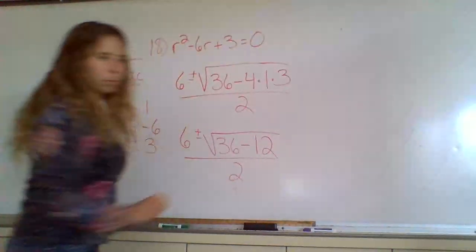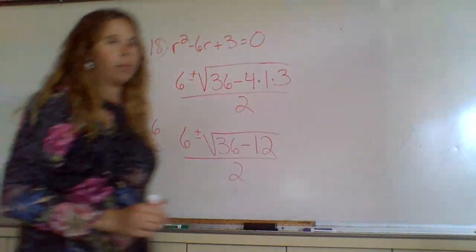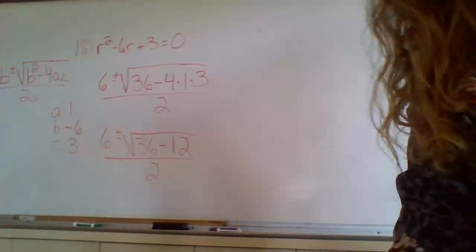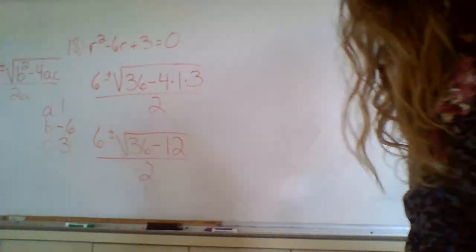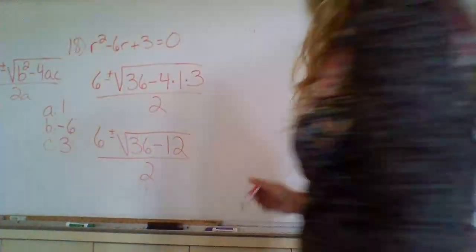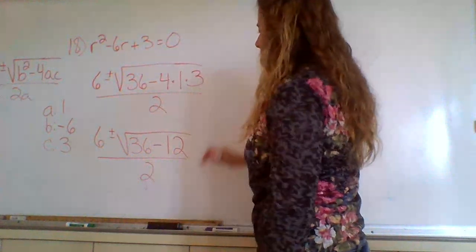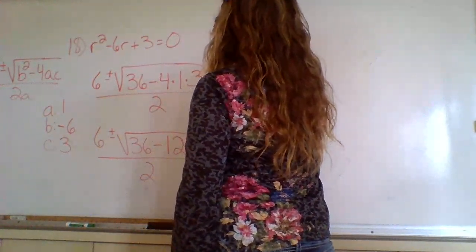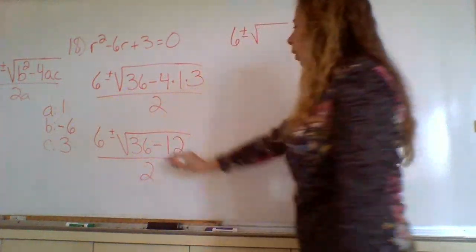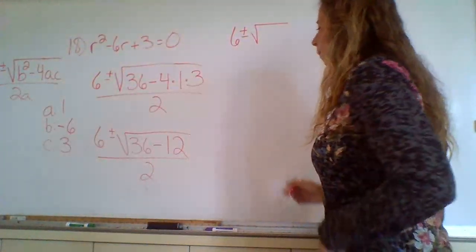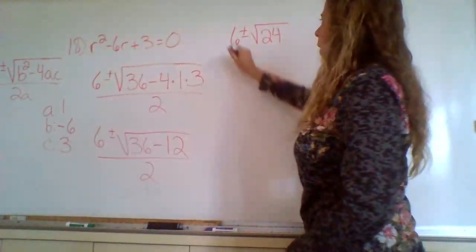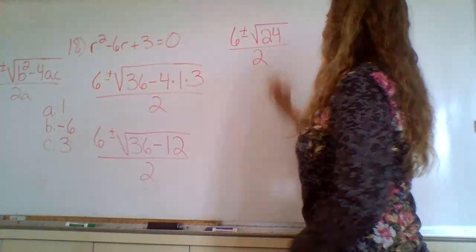All right, we're going to move this way. Let's go up here. 6 plus or minus the square root of 36 minus 12 is 24 all over 2.